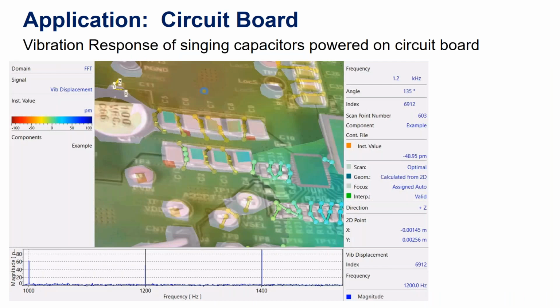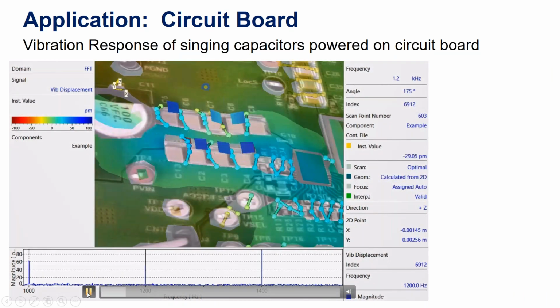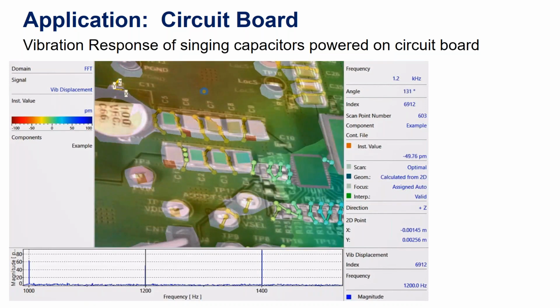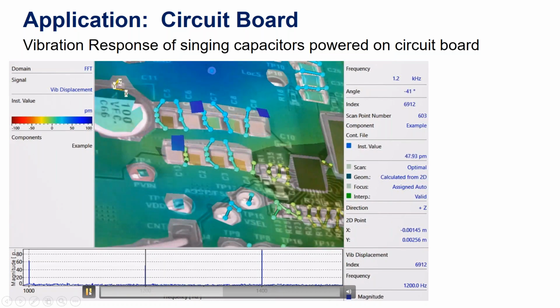So the test that we want to show today, we want to actually do a measurement on a circuit board, but we want to do it under operational excitation. This is an example that we're showing right now. These are singing capacitors.